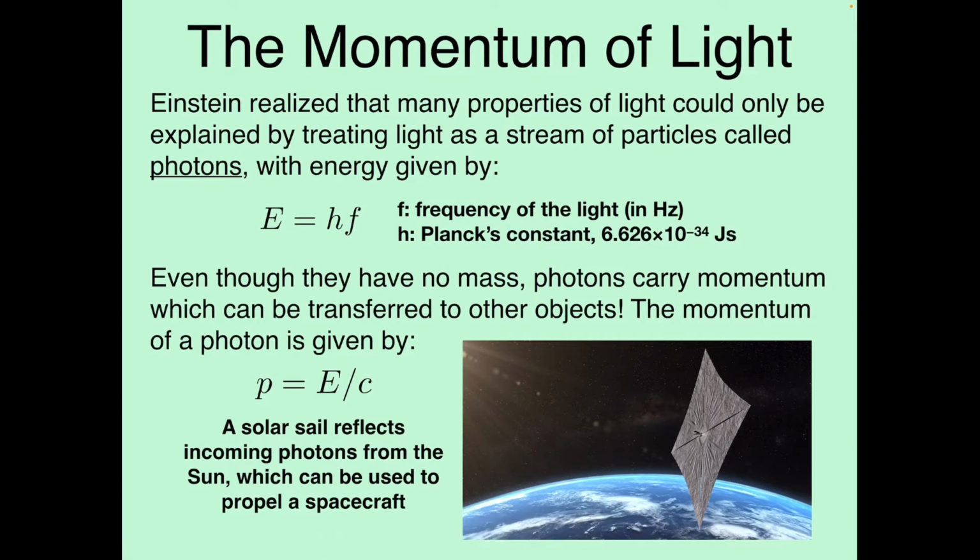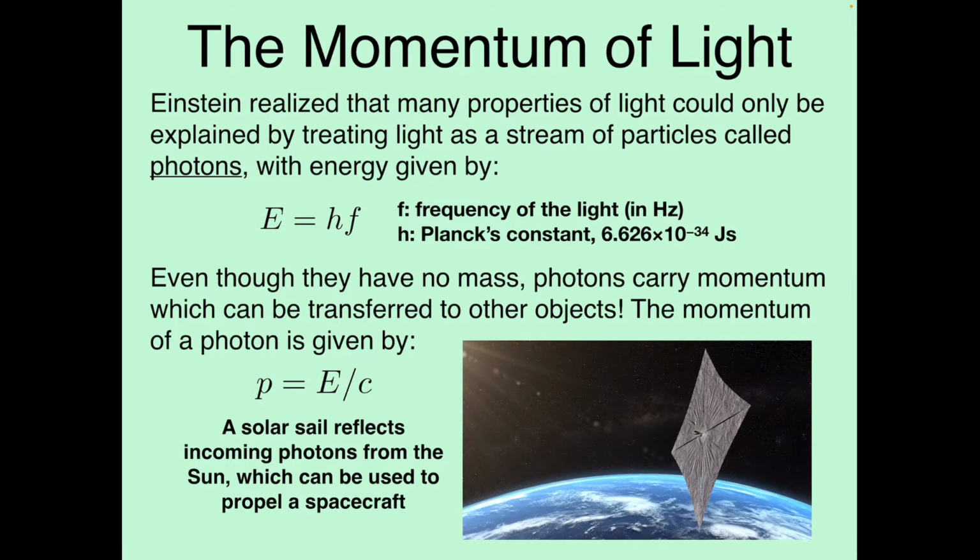Now, even though these photons, these particles of light, have no mass, they still carry momentum, which can be transferred to other objects. So if a photon bumps into something, it can actually transfer momentum to that object, and that's important. In Newtonian physics, if you have an object with no mass, if m is equal to 0, it can't have any momentum.